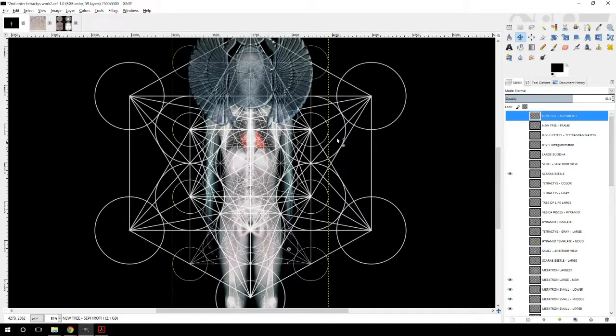Try to become familiar with the Metatron's cube. I use a freeware tool called GIMP. You can find it out there. It's the best freeware graphics tool I think there is available. It's a lot like Photoshop. But you can use it, and if you start building templates and adding the geometry on top of each other and just keep adding layers and layers to it, what this allows you to do is compare one relief to another, the geometry of one thing to another, and all kinds of things.